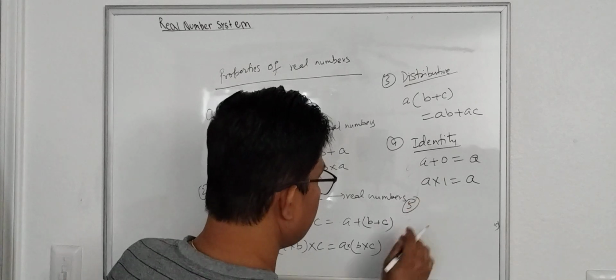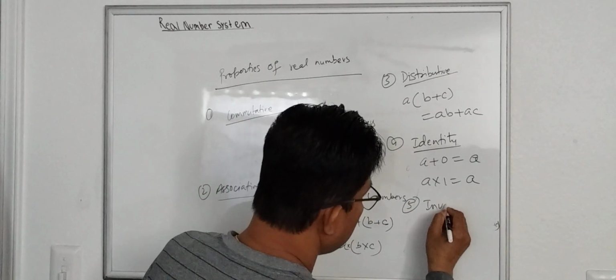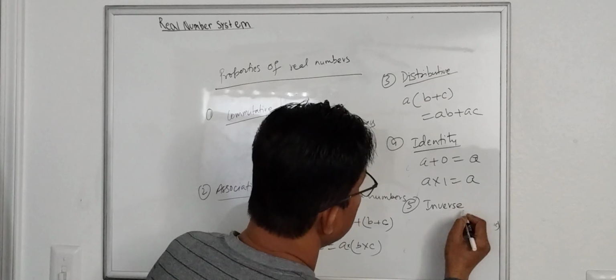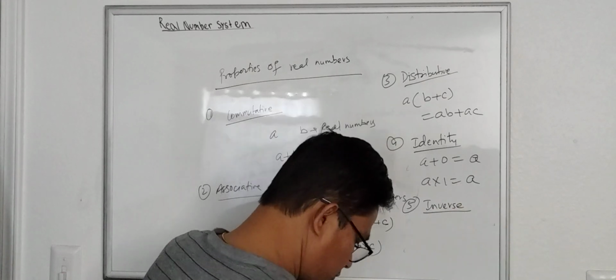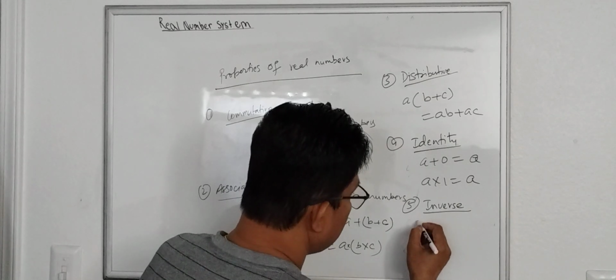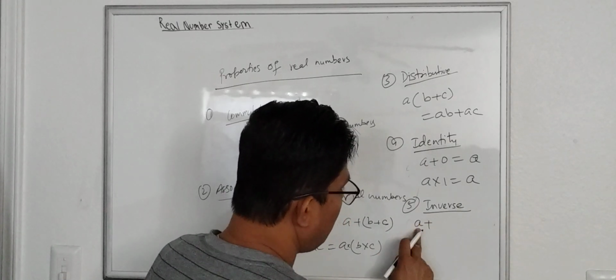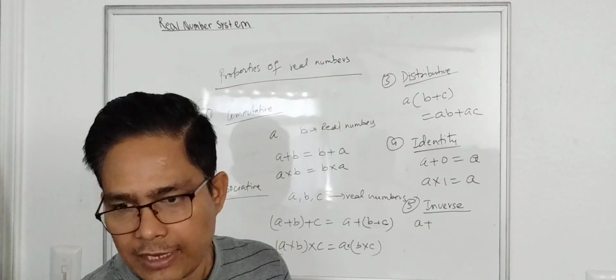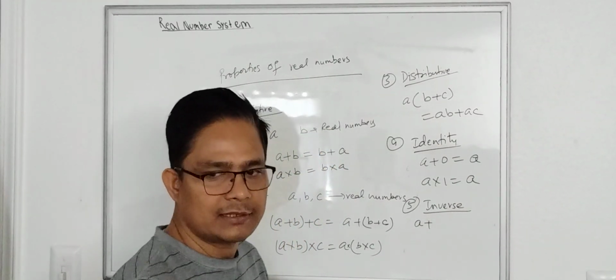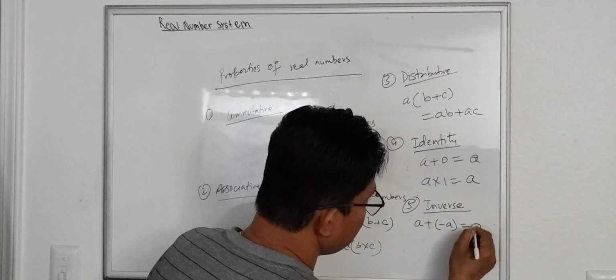Next, the fifth property is the inverse property. What does it say? For addition, if you add the negative value of a real number to itself, it becomes 0. So basically A plus minus A is 0.